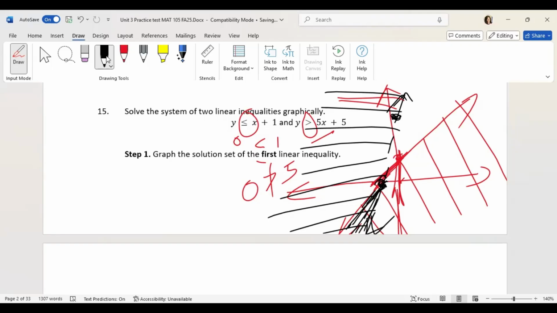Remember, you have to shade the solution region. Your test will contain graphs, so if you bring a pencil and a ruler, that will be good. If you're taking a test somewhere else, you can tell them you are allowed to use a ruler or a set square to draw a straight line.